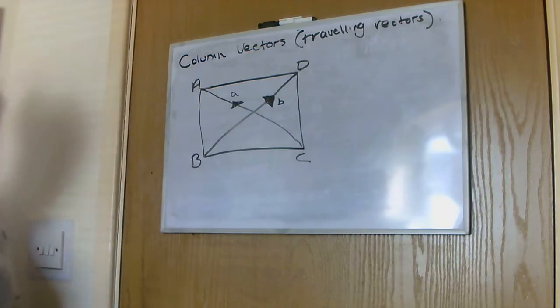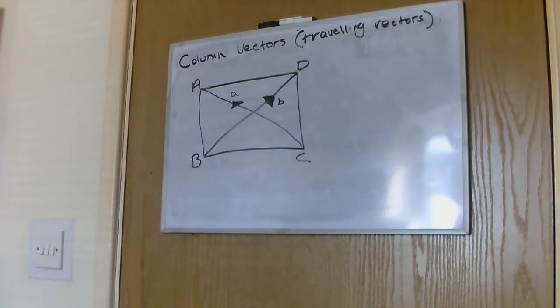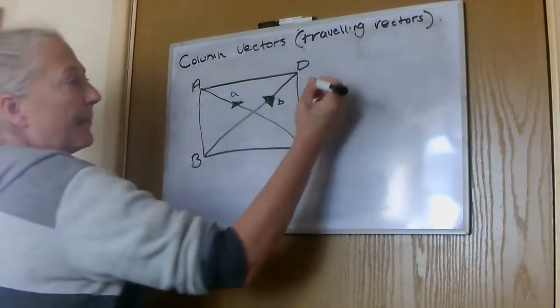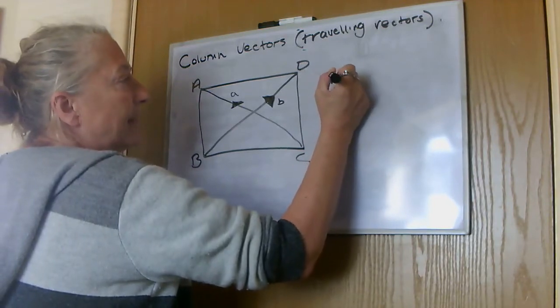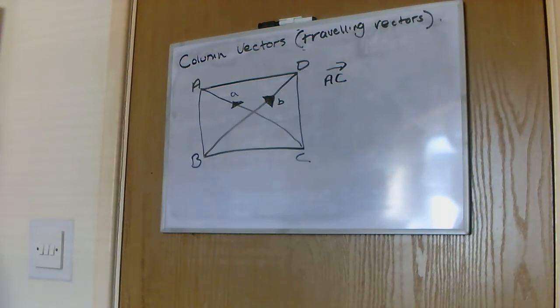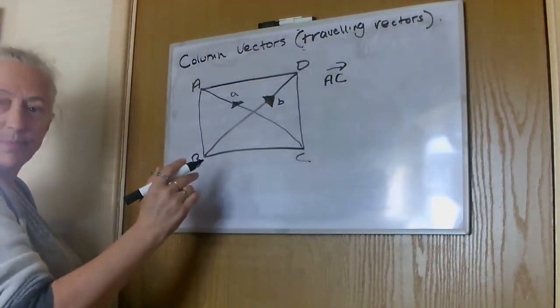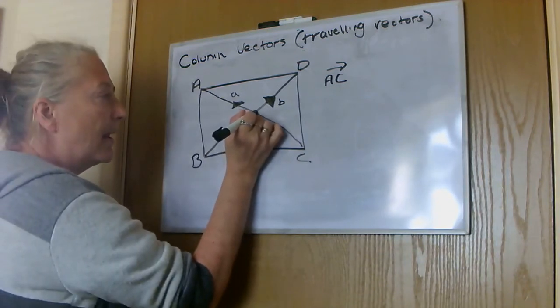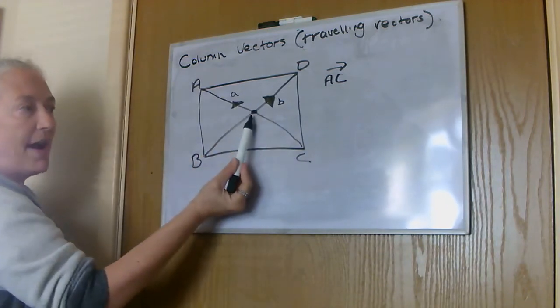And it might ask you something like A to C. You've got to go through the roundabout.